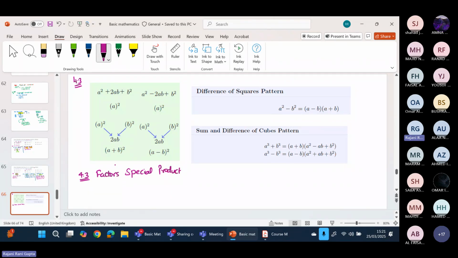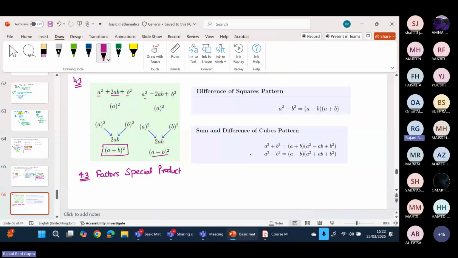Okay, so for this, you need to remember some rules. You will see questions in the form a square plus 2ab plus b square, which is nothing but a plus b whole square. If you have the minus in between, it means a minus b square. You remember this rule, we already did it when we studied rationalization.